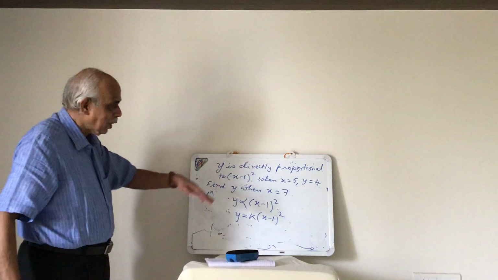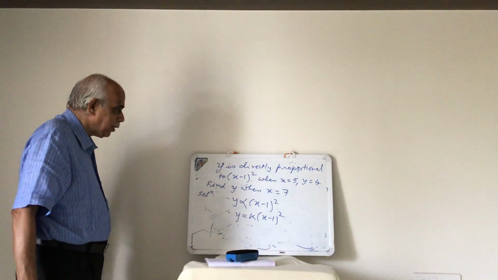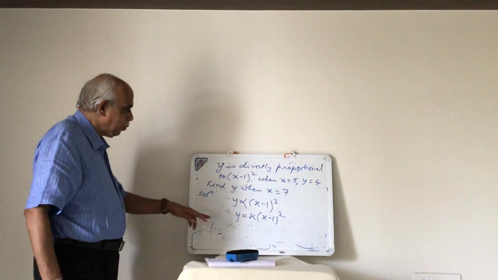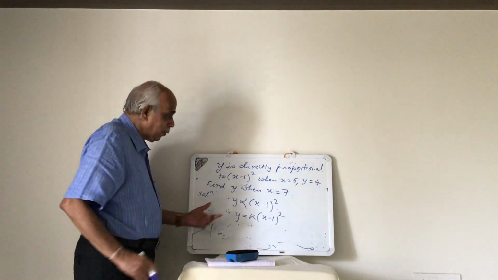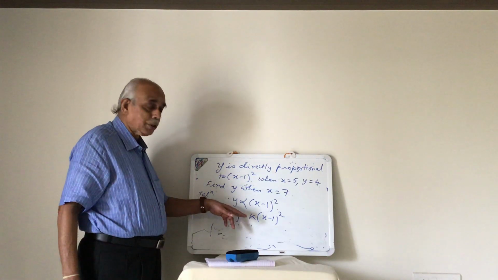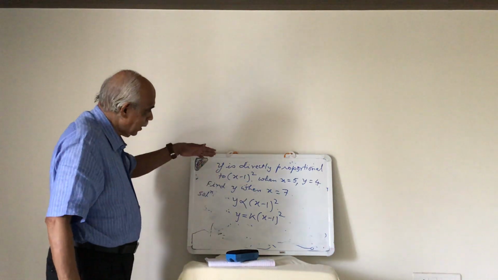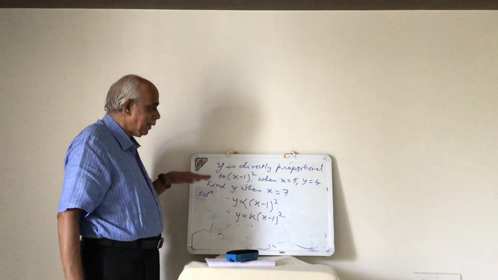Just now we have studied direct variation or direct proportion and inverse variation. Why do we do this? We do this to find the value of the constant, because that value has to be substituted in the given statement to find the exact equation.